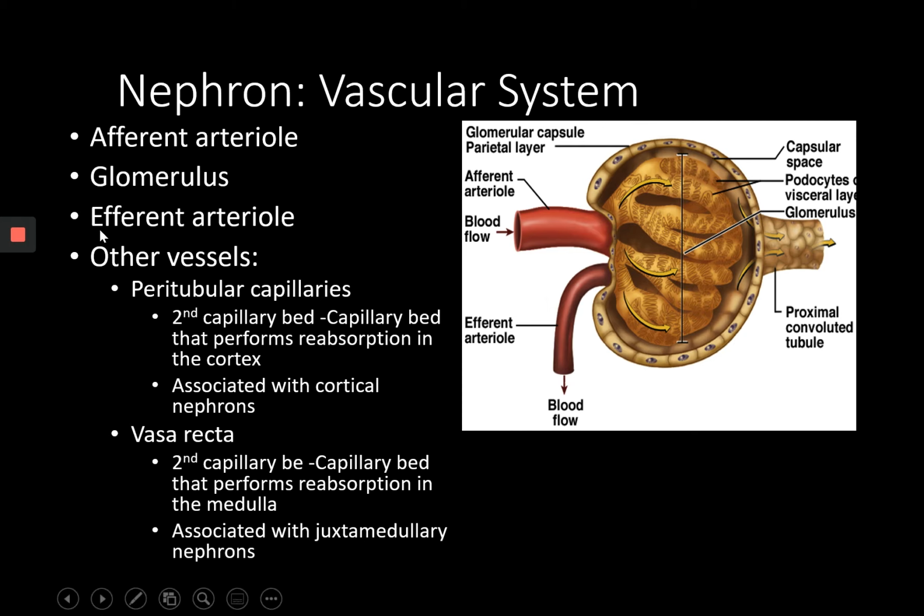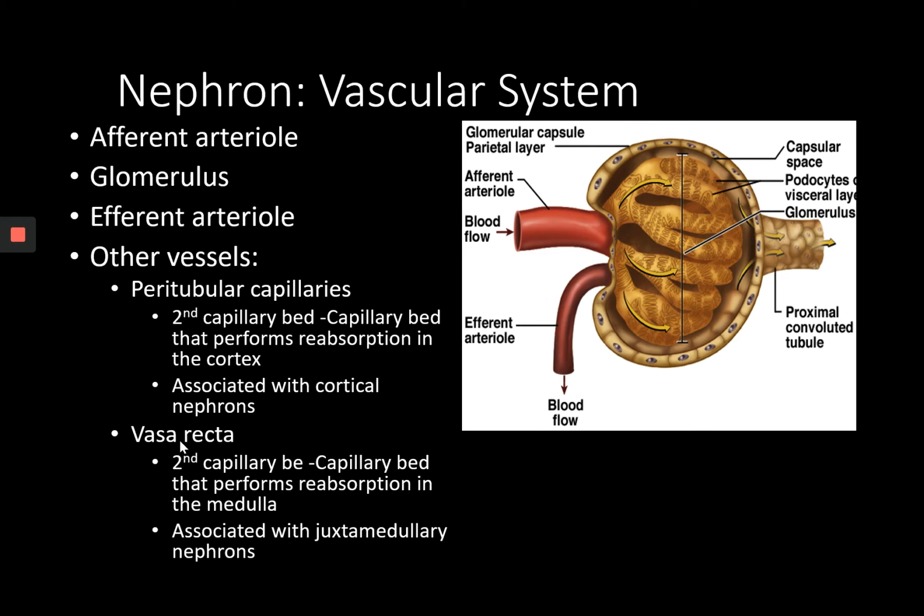After leaving via the efferent arteriole, the blood will then flow into either paratubular capillaries or a vasa recta. Now, both the paratubular capillaries and vasa recta are capillary beds, and there's two types of nephrons. There are cortical nephrons and juxtamedullary nephrons.